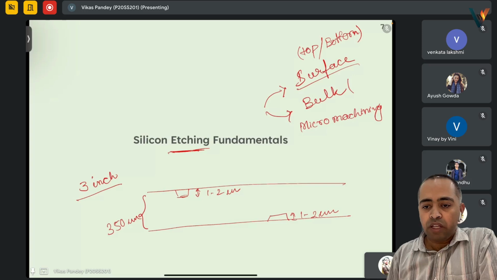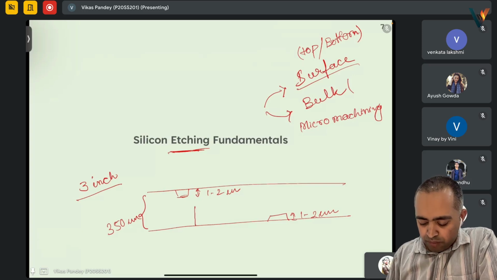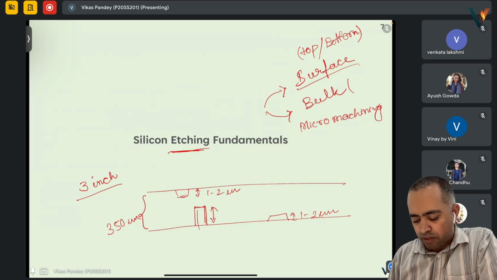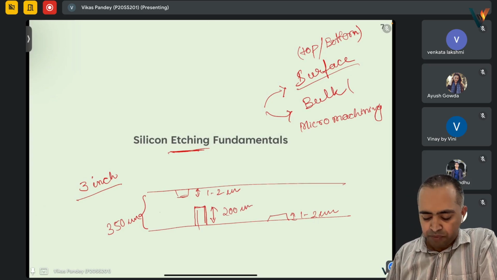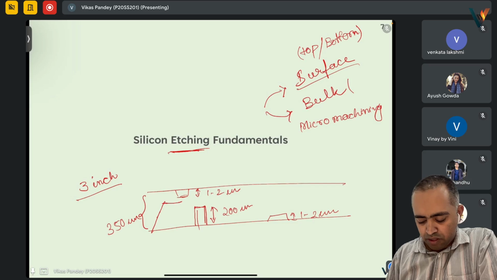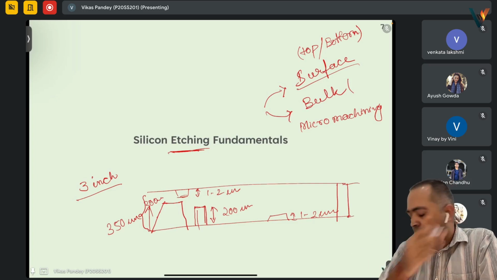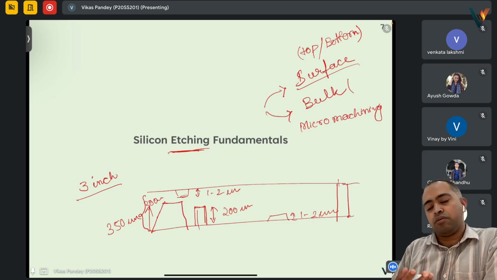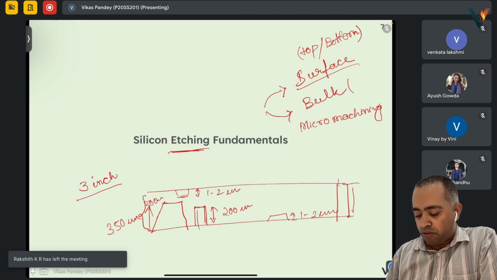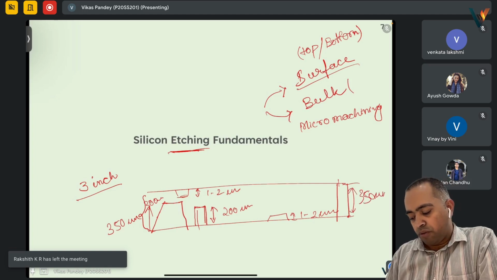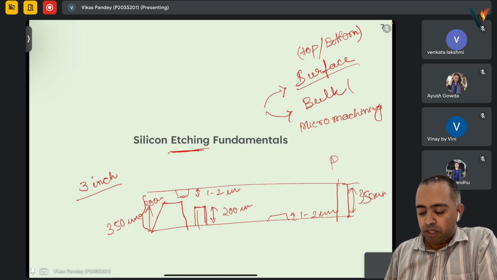Whereas if we are removing a bulk amount, making a through hole of say 200 micrometers, making a membrane kind of structure with a depth of say 300 micrometers, or making a hole throughout the 350 micrometer thickness to make microtubes, that we call bulk micromachining.